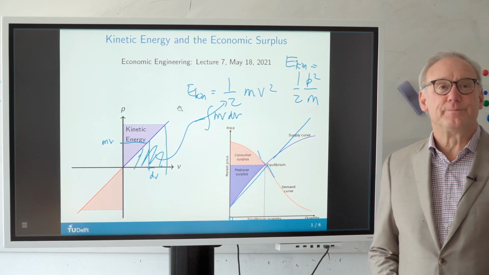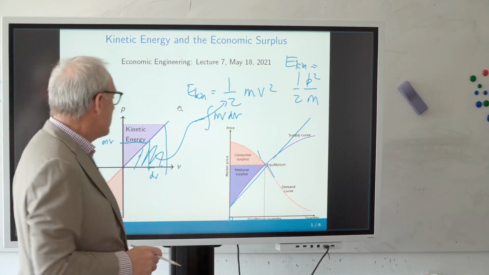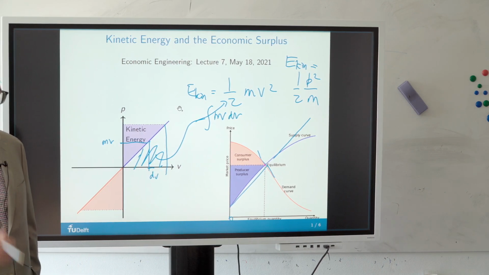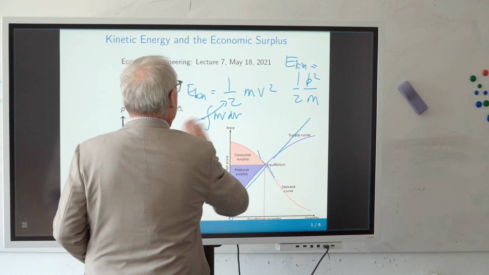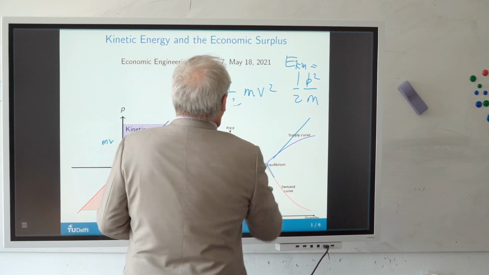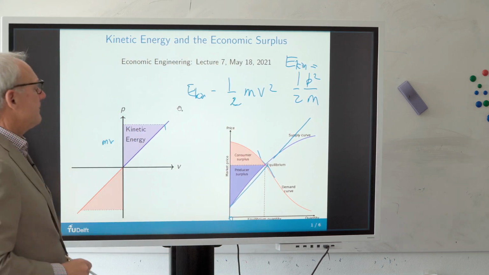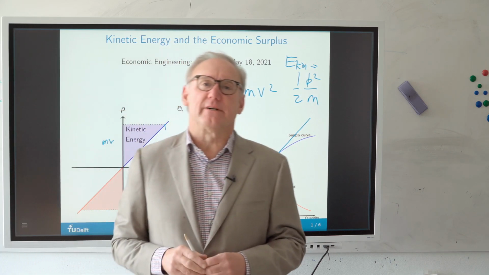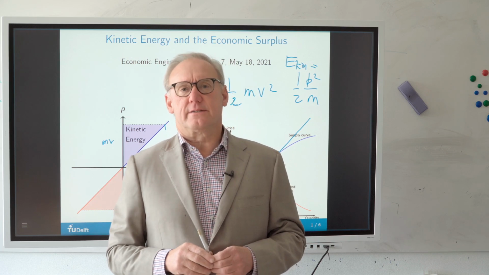Everybody follow that? And I just said that the kinetic energy is this area. Now you would say, what does it matter? These numbers are the same. But it matters a little bit. Now what's the problem here? If you have a mass, what's the independent variable? Is that momentum or is that velocity?